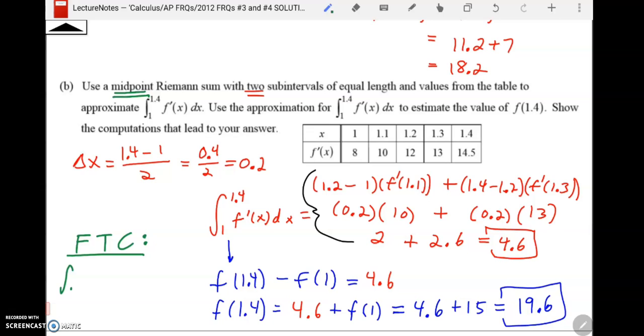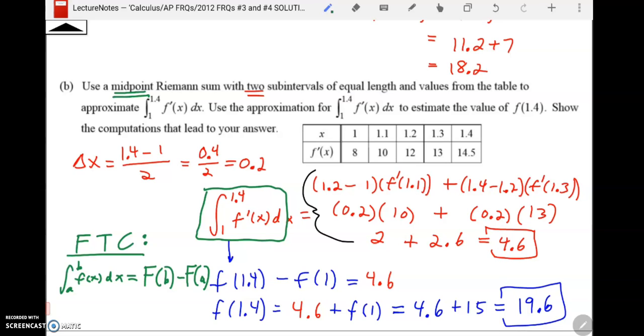Remember, the fundamental theorem of calculus says that from a to b, when you integrate little f of x dx, that equals big F of b minus big F of a. So from the red to the blue here, what is the integral of f prime?